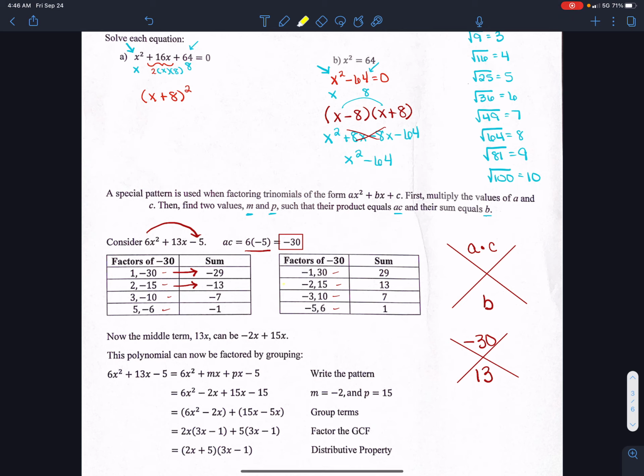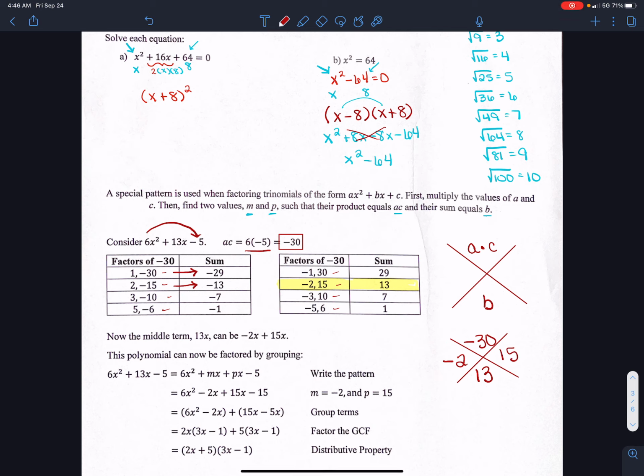That would be negative 2 and positive 15. So we would put in negative 2, positive 15.